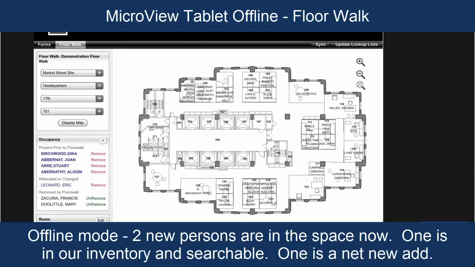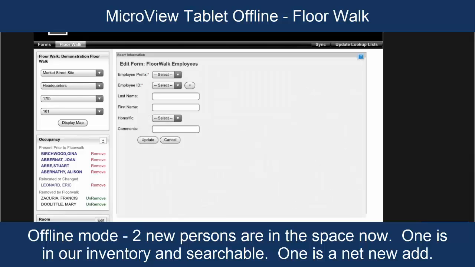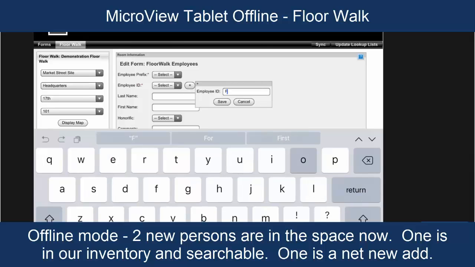Another common use case is that you'll run across people that aren't actually in the database of names that you have. Maybe they're brand new folks that haven't been registered as they should have been yet. So we can't look them up, so we're going to have to add them. Let's say I'm that person that's sitting there that's new. So we're going to create a provisional ID for me.